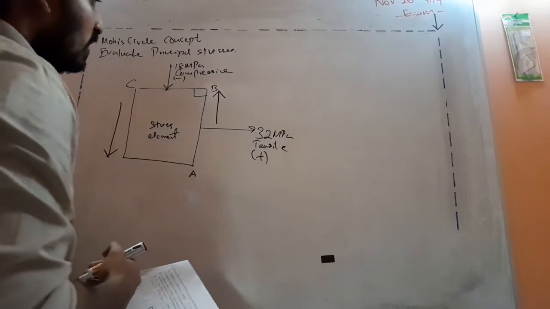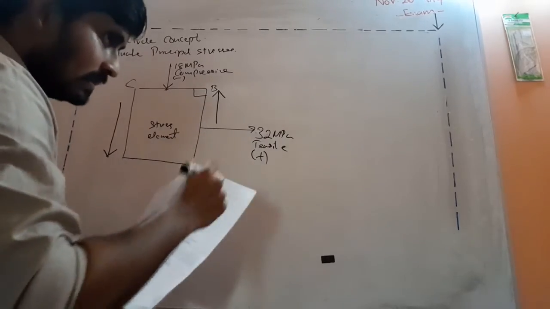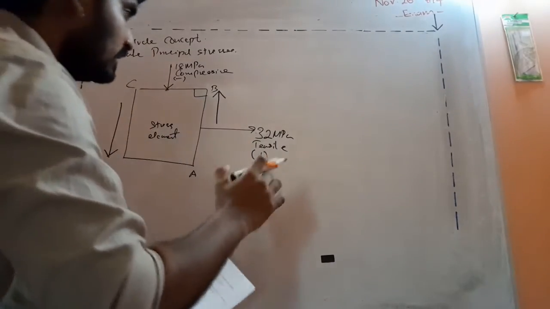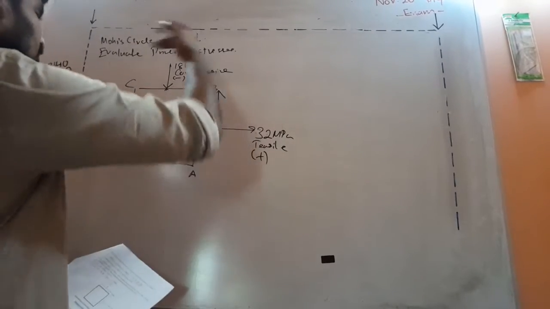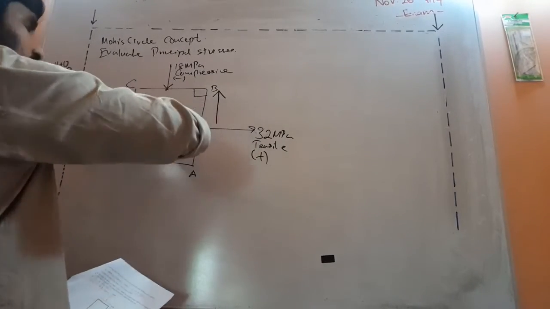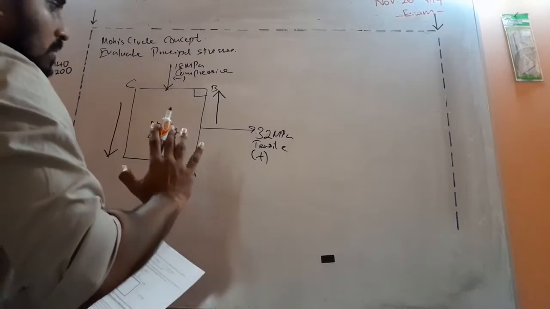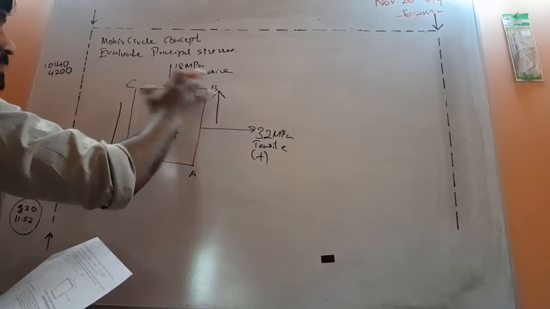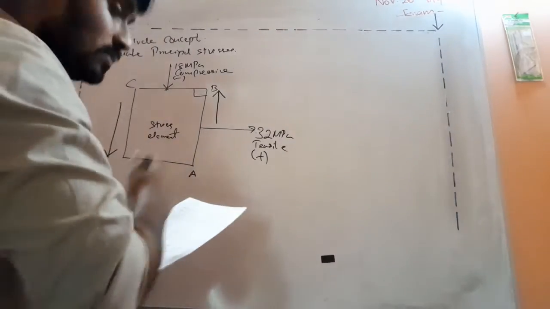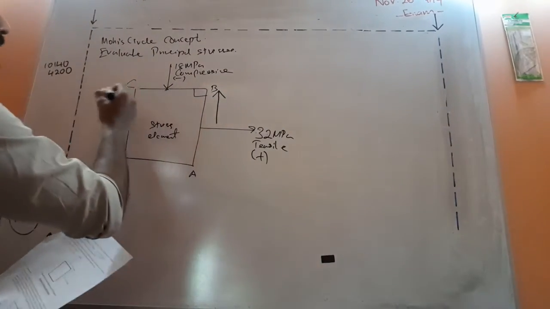We define the shear stress by considering this side and this side according to one particular direction. And if you consider this BC side, there also we have a shear stress, like this.